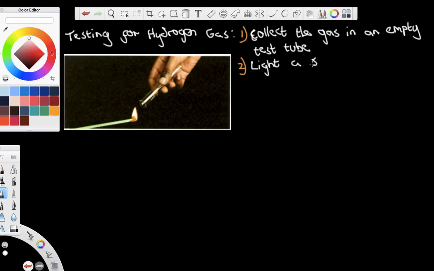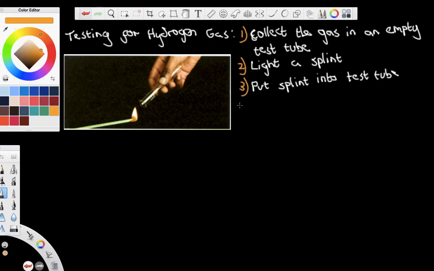A splint is a wooden stick. Number three, we would put the splint into the test tube. And if you hear a squeaky pop, the gas is hydrogen.